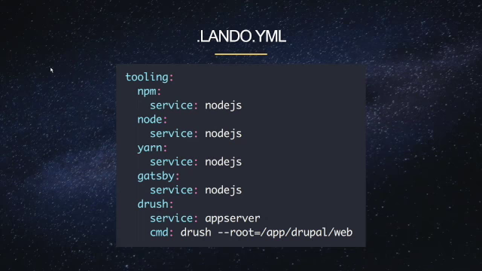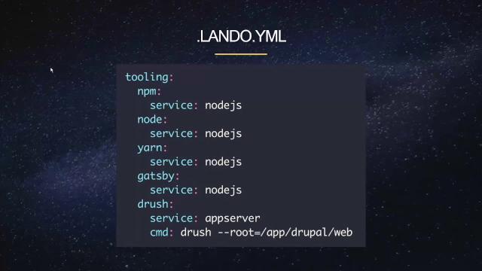It just sends it whatever directory you're in. So if I want to run yarn install in the root of my Gatsby directory, I just type Lando yarn install, and it will pass that command into the Node.js container in my Gatsby directory where I'm at. Same thing, any other service.